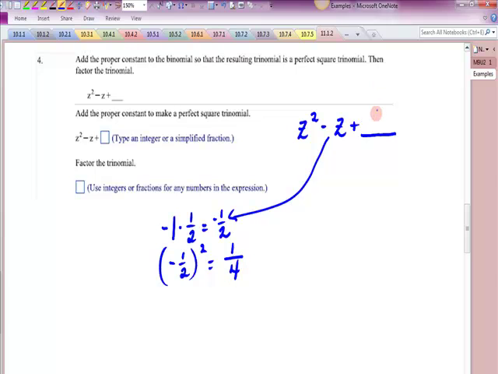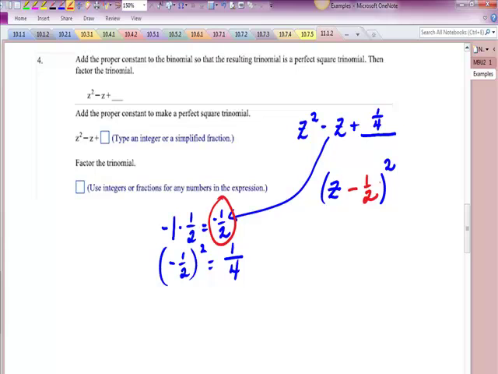It will be positive. So 1/4 is the constant I would have to add. What will that be in factored form? Well, I need the z. The number is right here, minus 1/2. Z minus 1/2 squared gives you that.